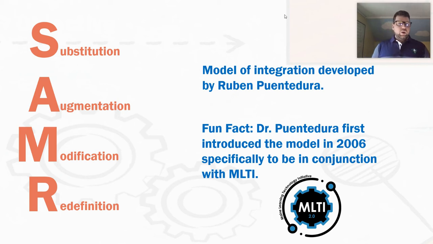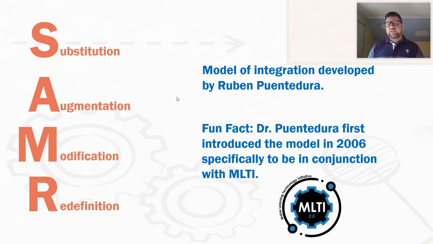So it came to light and became popular starting back in 2006, and has become one of the basic fundamental models out there for technology integration. And you can see the acronym over here goes with substitution, augmentation, modification, and redefinition.